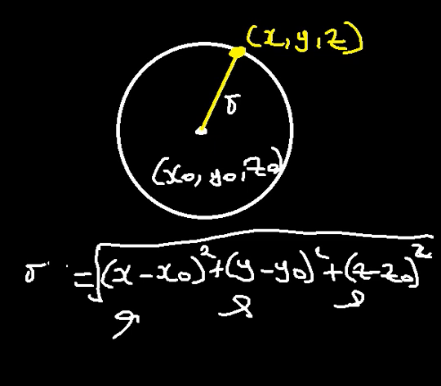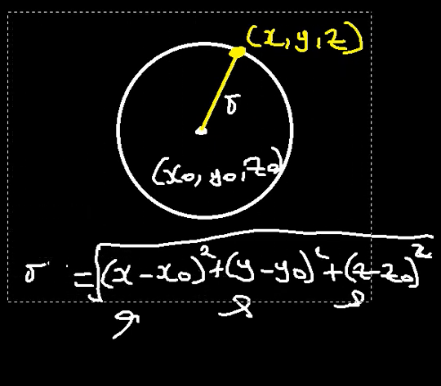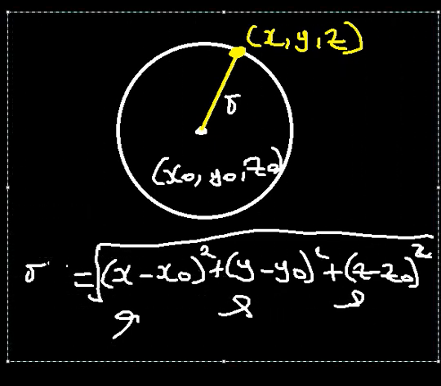And let's go through the following problems using the standard equation of a sphere. Let's say we have a sphere with the center coordinates given as 0, 2, 5, and the radius is given as 2. So what is the equation of the sphere if this is the case? The principle remains the same.